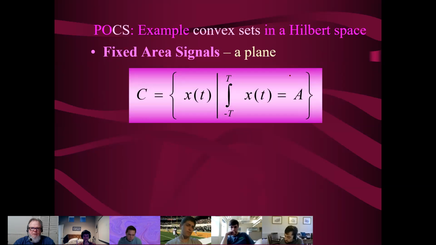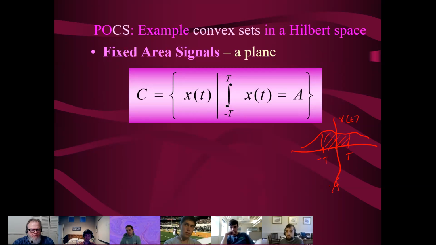So here is the generalization of the idea. It's the set of all signals, x of t, such that the integral from minus t to t is equal to a specified area. In other words, this area must be equal to a.